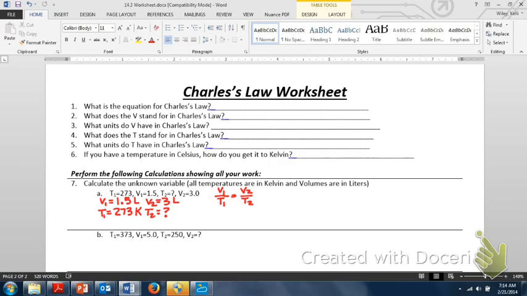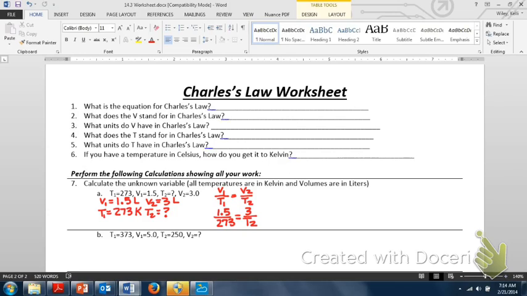So that means it's 1.5 over T1 equals V2, we have as 3, over the temperature T2, we don't know. Now you're ready to solve. I just take the T2 and cross it over.